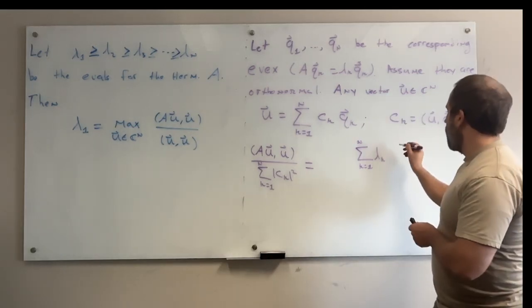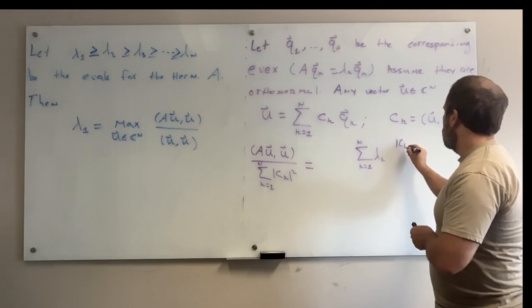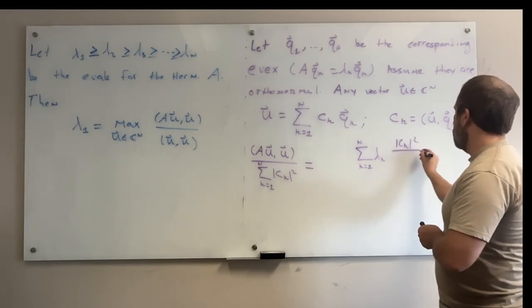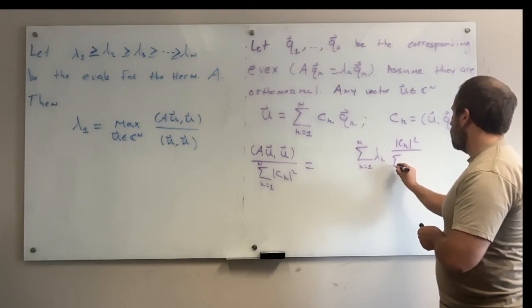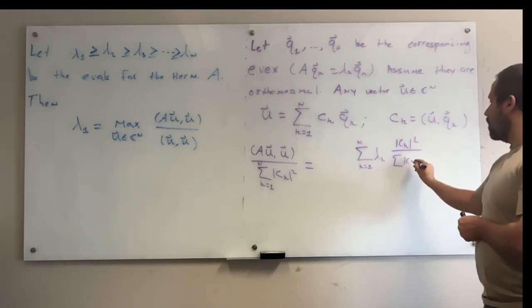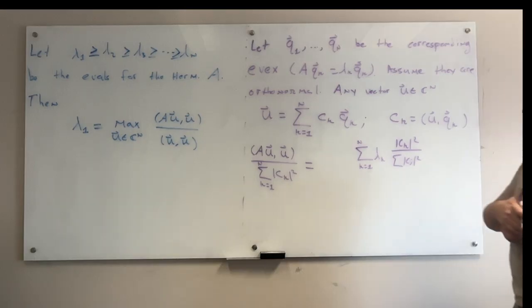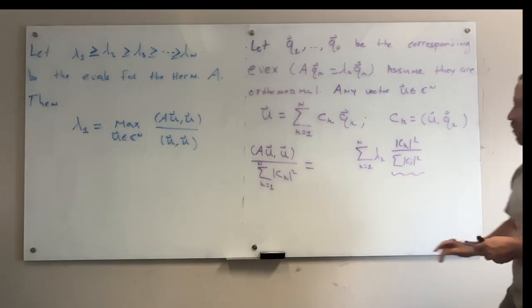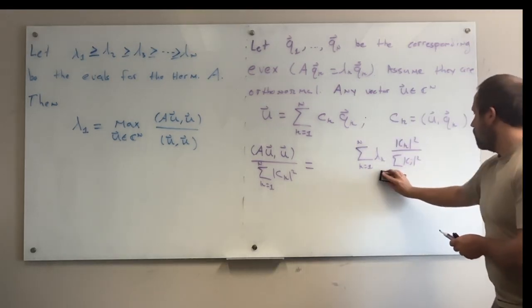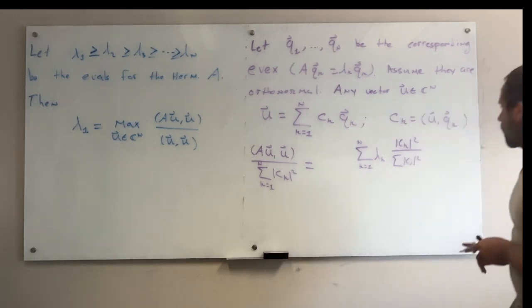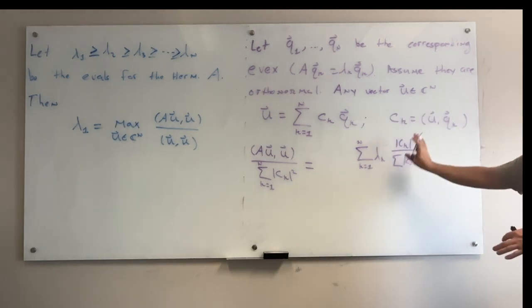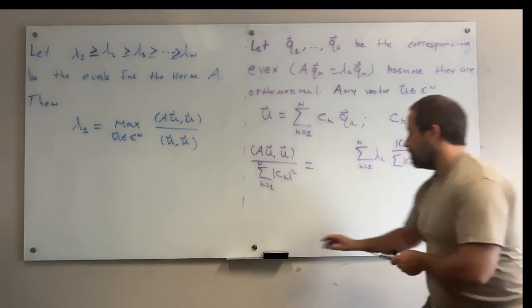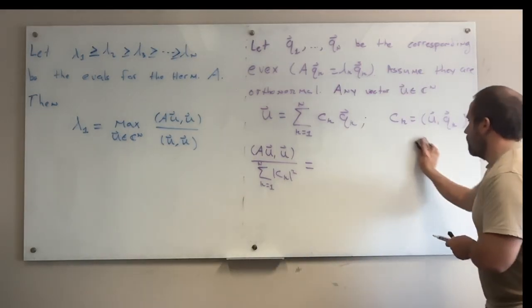We're going to have ck squared divided by the sum of cj squared. And I'm just going to call all of these something new. I'm going to call this whole thing bk. So let me move things to the left here.